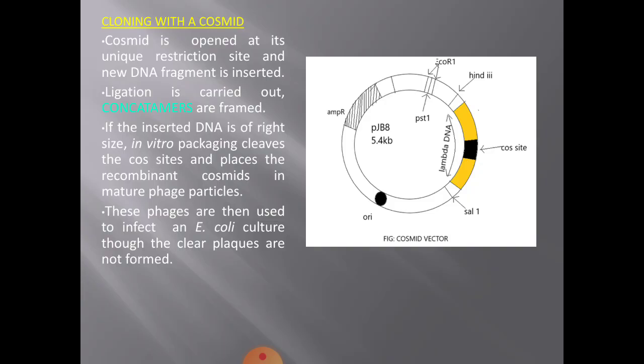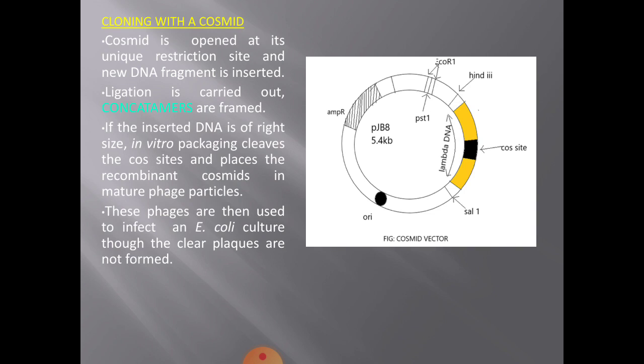During annealing and ligation of the DNA insert, two or more cosmids may join end to end, producing what is known as a concatemer, which is the proper precursor for packaging the genome into phage heads.